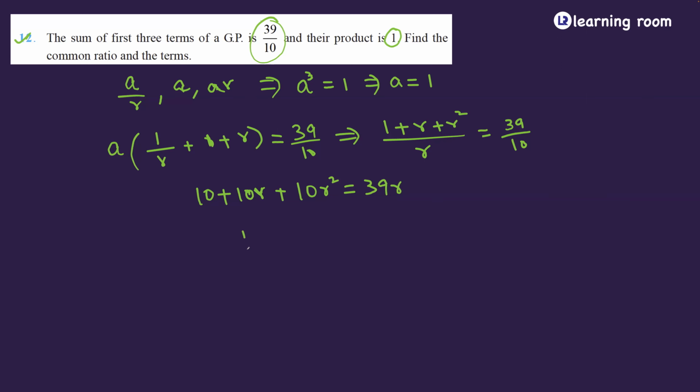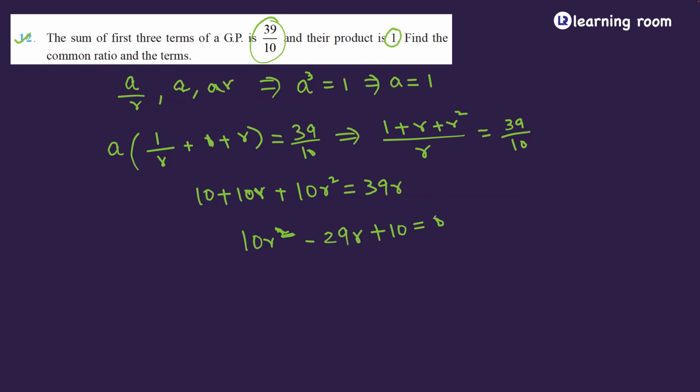So 10R square minus 29R, because 10R minus 39R is minus 29R, plus 10 is equal to 0.